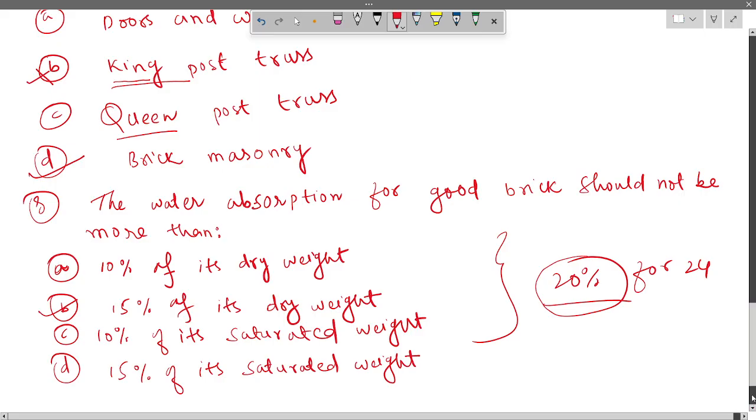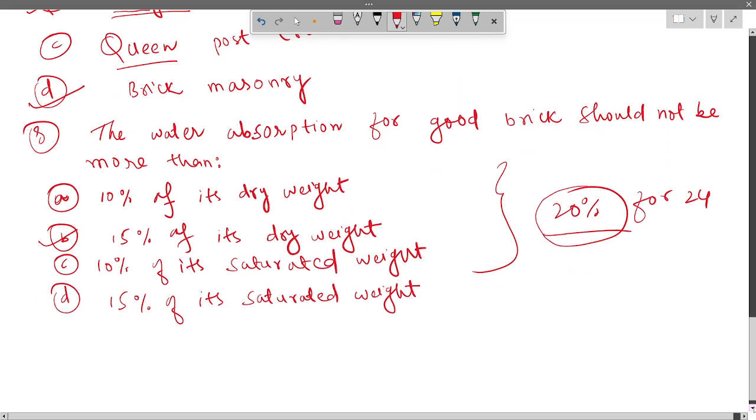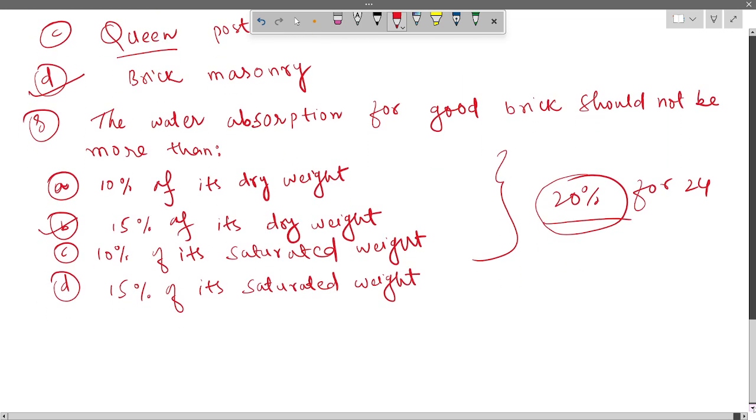We will choose the nearest option which is correct. Now we'll move to the next question, question number 9.